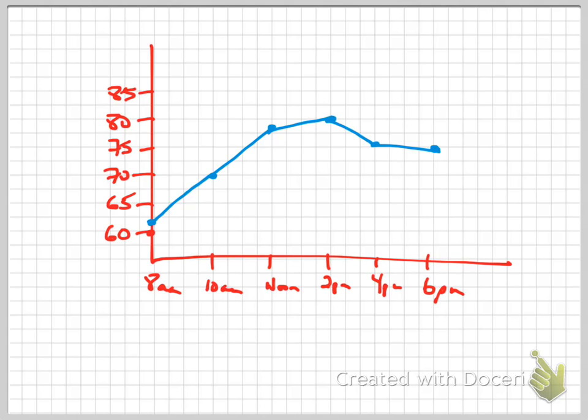Right, so what is the temperature at 2 o'clock? Well, if here is 80 right here, you see how it actually is on the line of 80? So at 2 o'clock, the temperature was 80. Agreed?